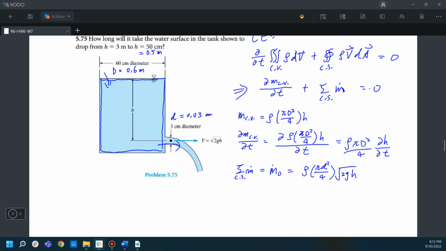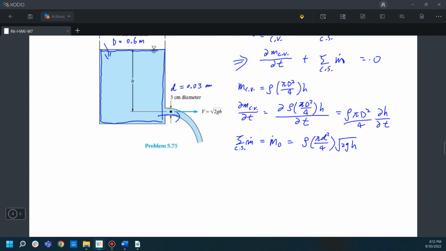So again, this is A, this is V, and this gives us the flow rate, and flow rate times the density equals the mass rate that we want to calculate. Okay, because this is the continuity equation.